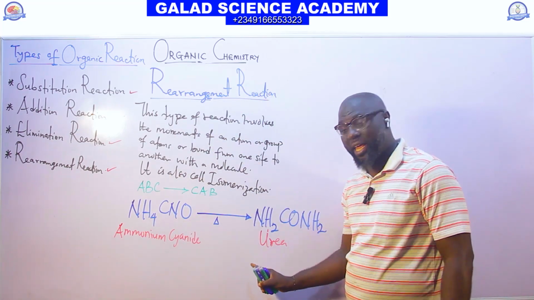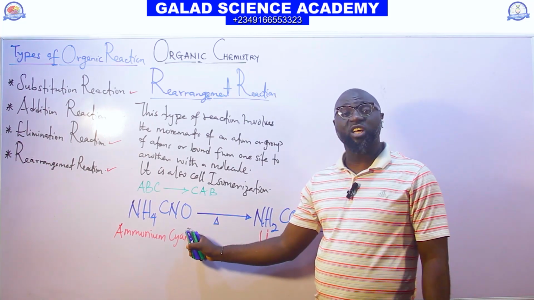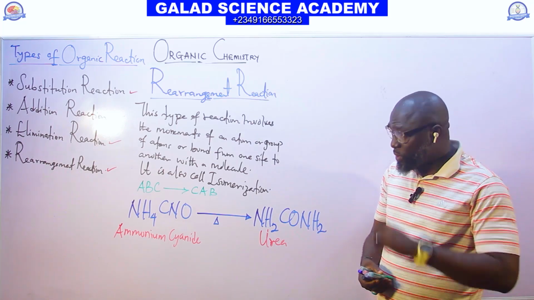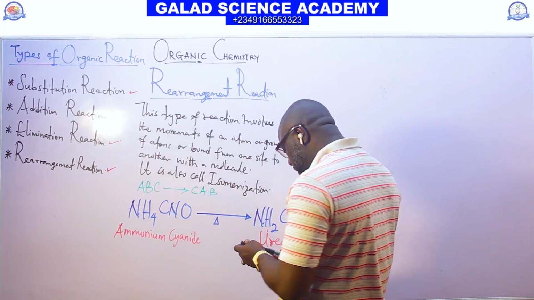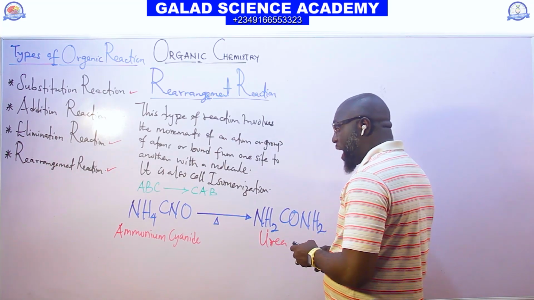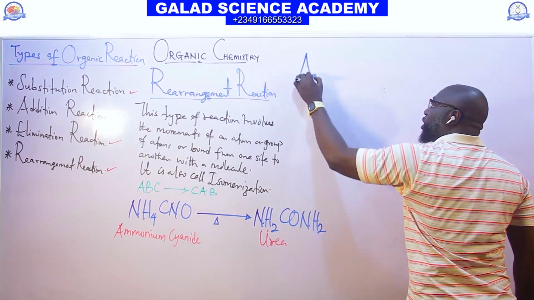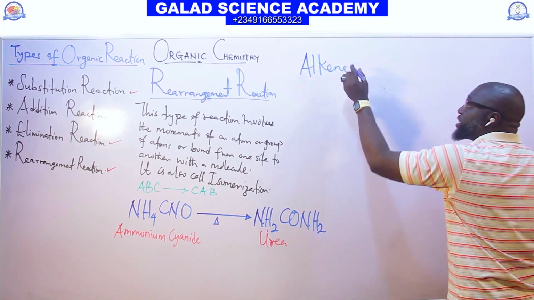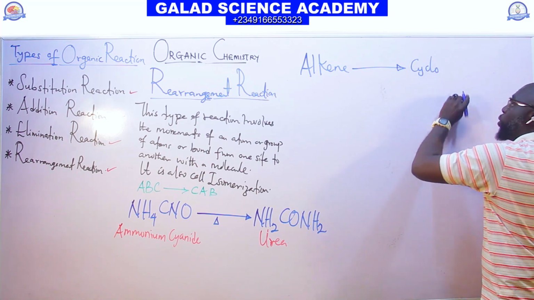As the name implies, the ammonium cyanide gives us urea. What kind of reaction is this? Rearrangement reaction. And you can also find it in the reaction of an alkene. If you have an alkene compound, this alkene can change to the one we call what?